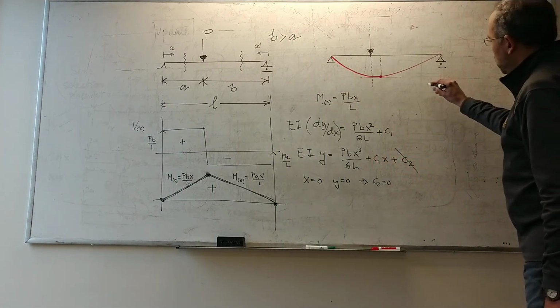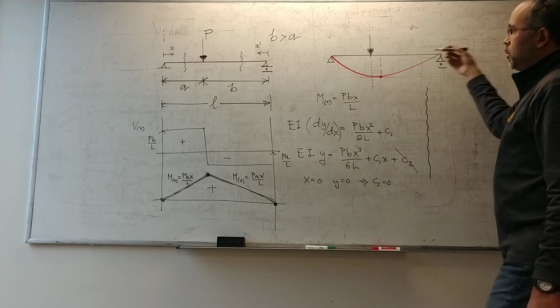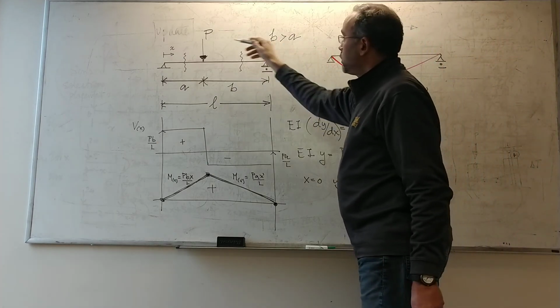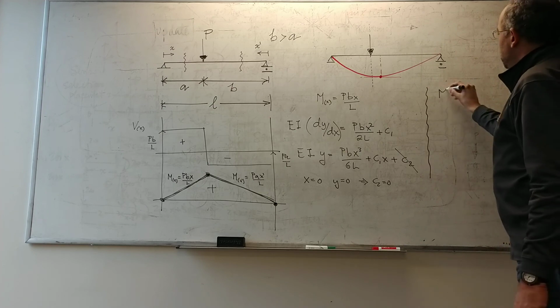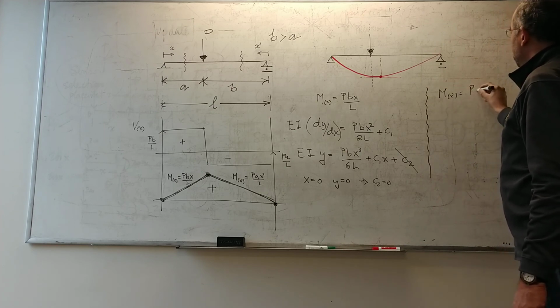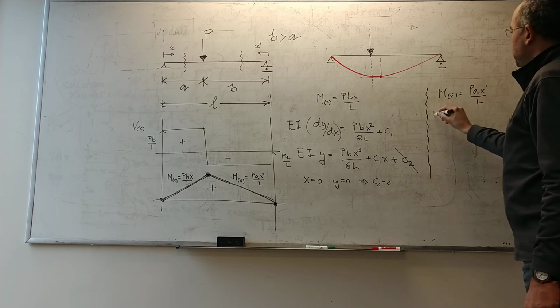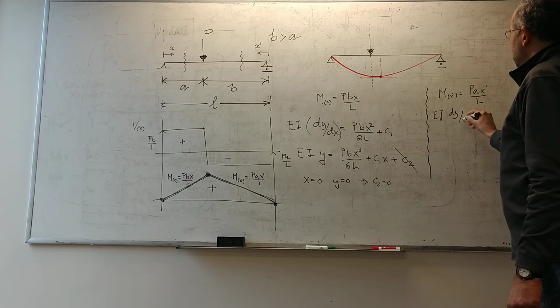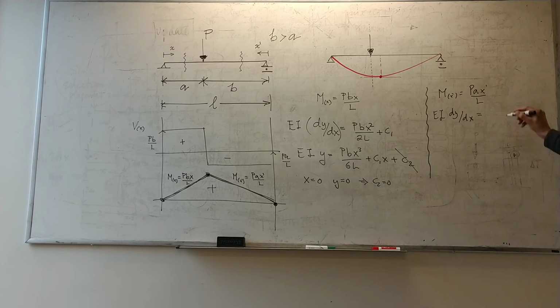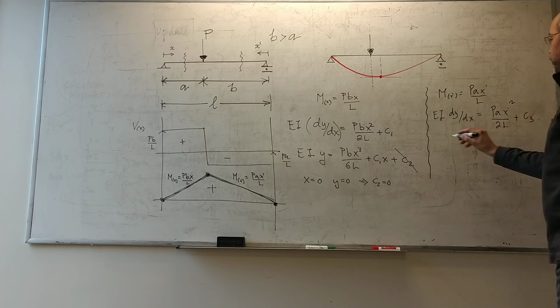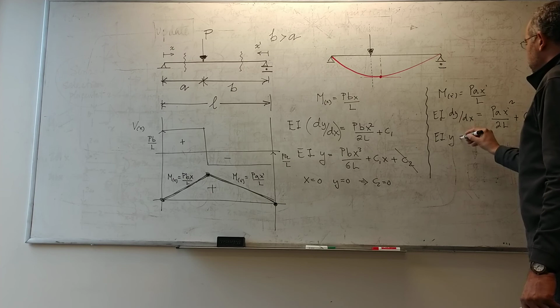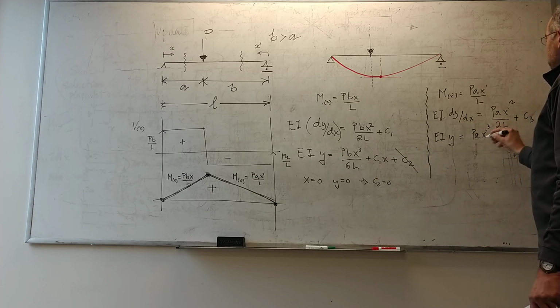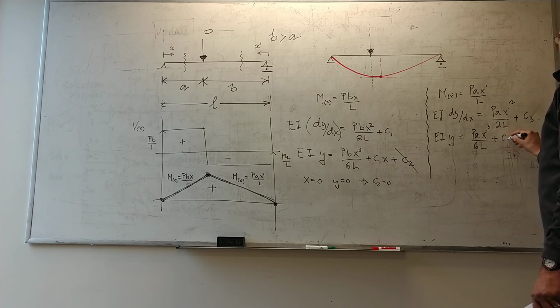Now, if we look at the moment equation coming from the right to the load, the moment M of X prime looks like PAX prime over L, EI times the slope looks like PAX prime squared divided by 2L plus C3, and EI times the deflection looks like PAX prime cubed divided by 6L plus C3X prime plus C4.